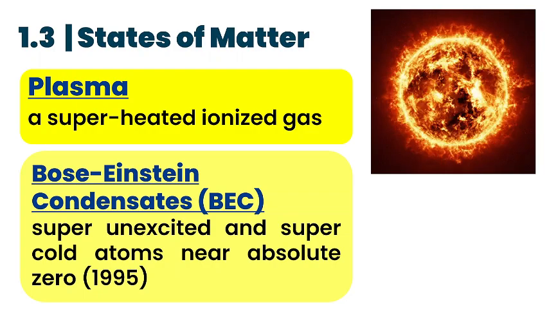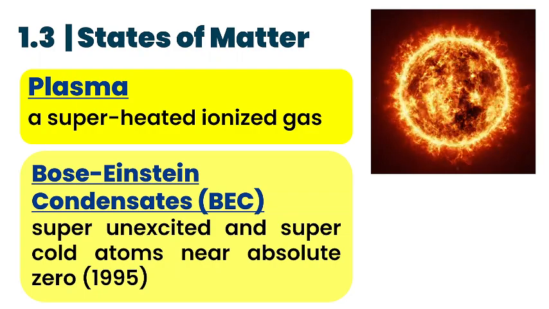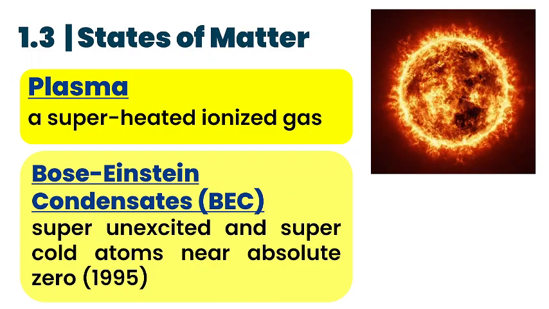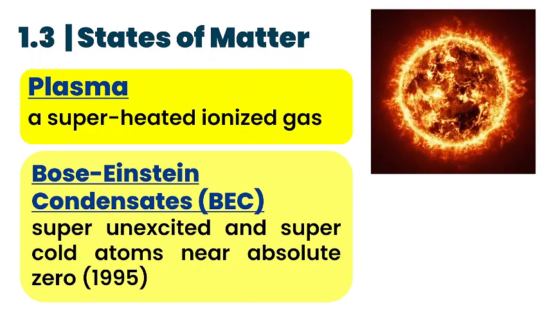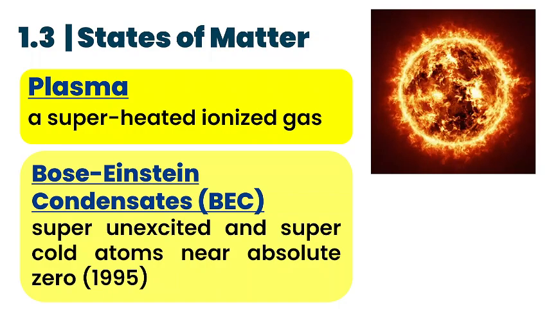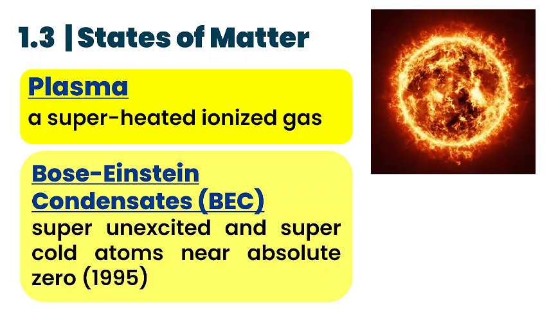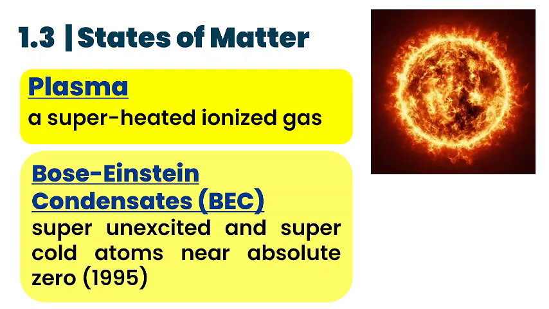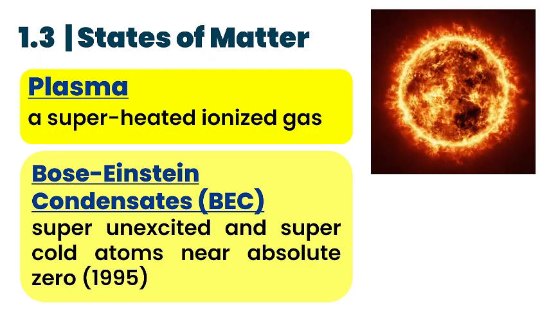The temperature required for BEC to exist should be near absolute zero. Absolute zero, we haven't discussed this yet, but for an advanced lesson, absolute zero is 0 Kelvin. That is a hypothetical temperature where no energy would exist.